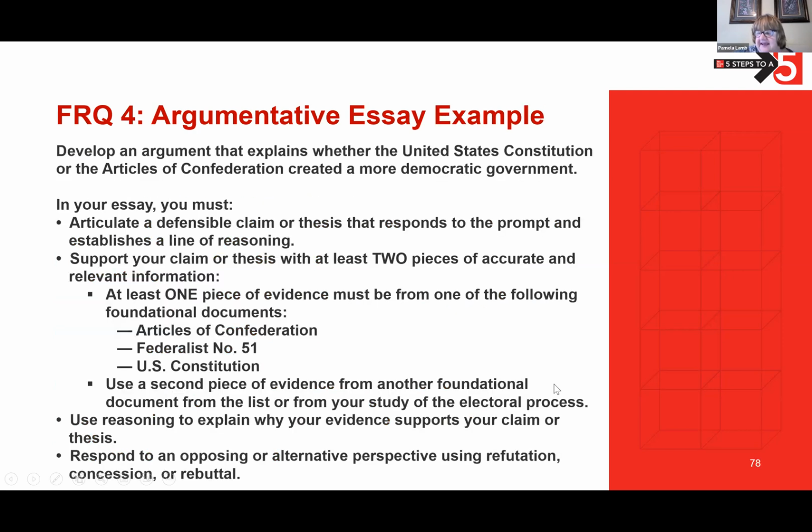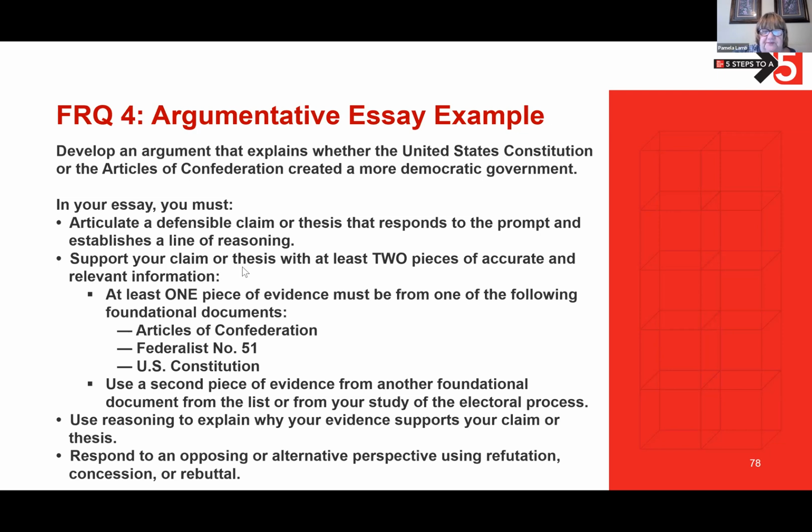So let's look at an example, okay? We're getting down on our time. This one says whether the Constitution or the Articles of Confederation created a more democratic government. You have to pick. The Constitution created a more democratic government because, or the Articles of Confederation created a more democratic government because, and give a reason.